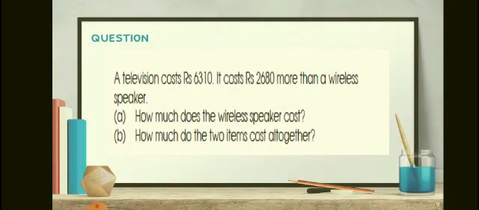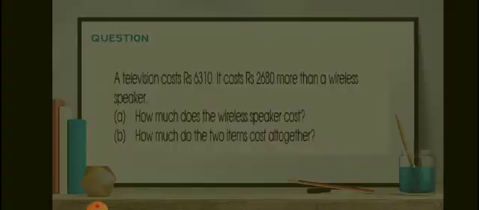A television costs 6,310 rupees. It costs 2,680 rupees more than a wireless speaker. So how much does the wireless speaker cost? First of all, you have to find the wireless speaker cost, and it will be, you will subtract 2680 from 6310, and then how much do the items cost altogether.